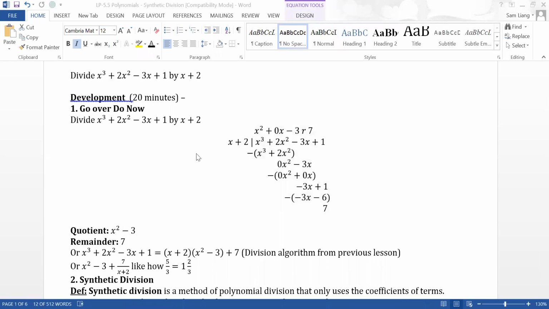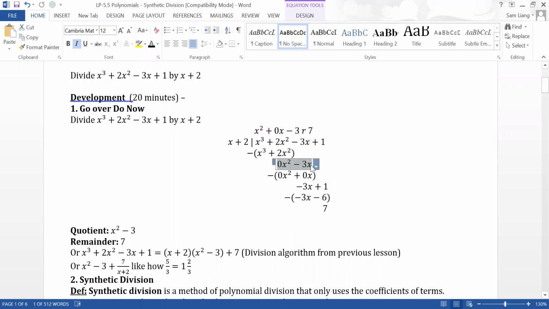Essentially we start out by putting it into the long division form, and then we see what we can multiply the first term, x on the left side, by to get x cubed, and that's going to be x squared. So we distribute that x squared into the x plus 2, and then we subtract that from the dividend. I always confuse divisor and dividend. Anyways, then we subtract and we have 0x squared, and we bring down the negative 3x.